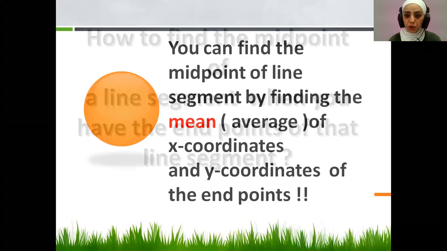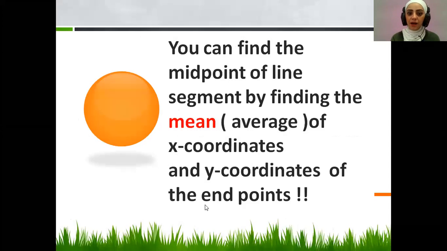If you remember, we have a rule to find the midpoint of any 2 points. You can find the midpoint of the line segment by finding the mean, or the average, of the x coordinates together and the y coordinates together of each point.